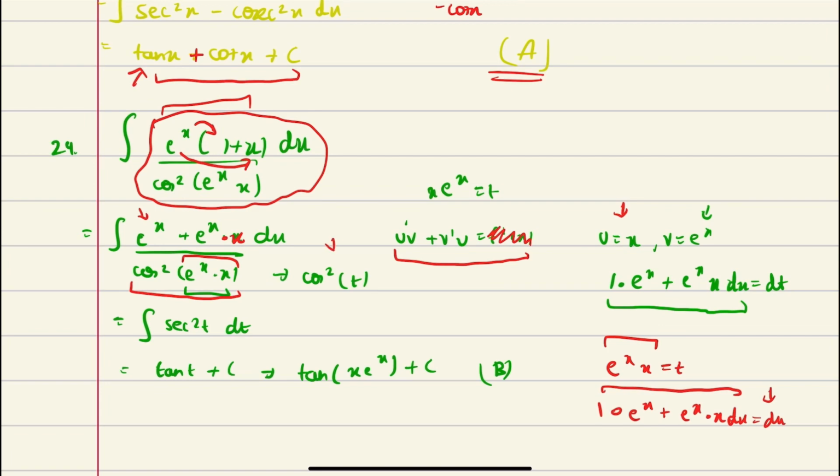So it becomes cosine squared t, and then, of course, the reciprocal is sec squared of t, and we know the integral for that is tangent t plus c, and then we're going to replace t with what we took t to be, so that's just going to be tangent of x times e to the x plus c, which is your option B.